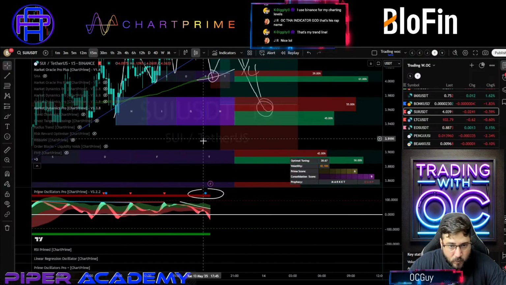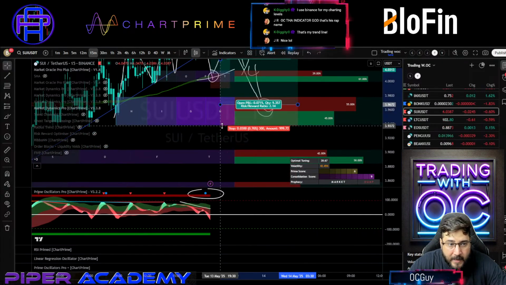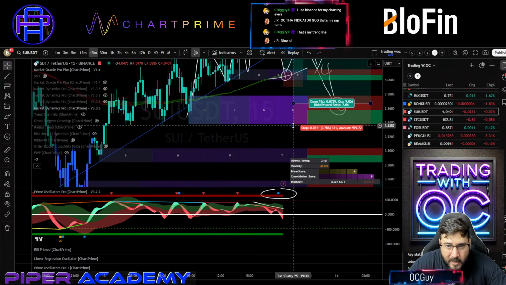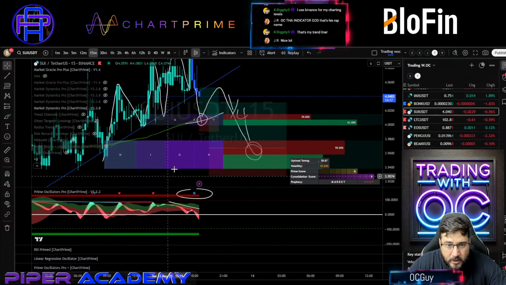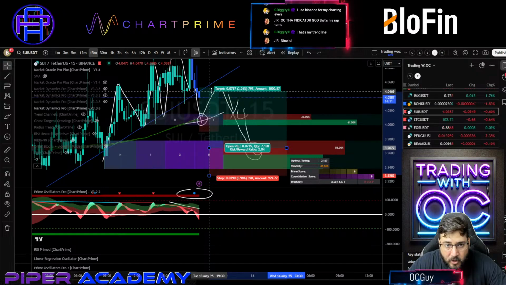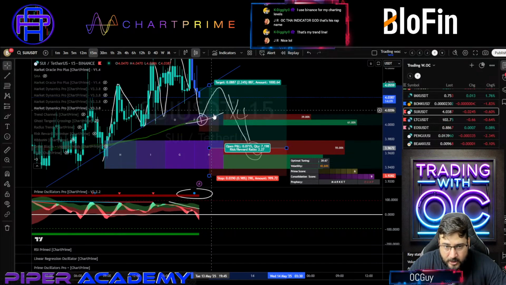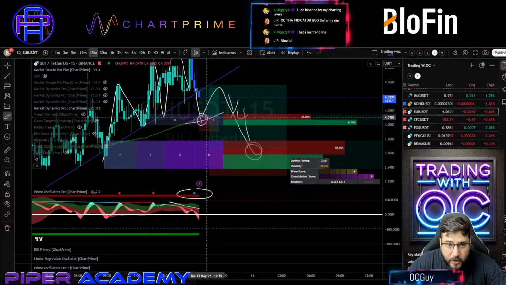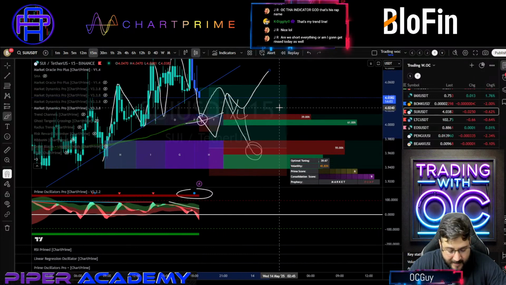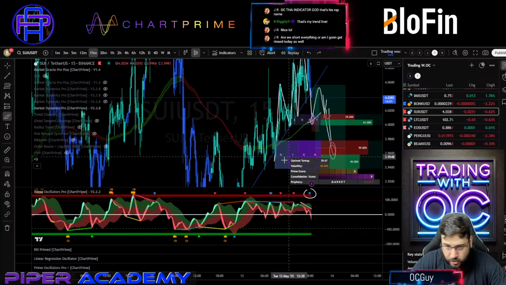So in this one, I am going to be adding my wiggle room, because right here I have a big support, so let's just not wick into it. TP number 1 is the dynamic reactor at 1.1, and then TP number 2 at the trend line. I think we could have a fake out, then maybe a dead cat bounce and then further continuation.